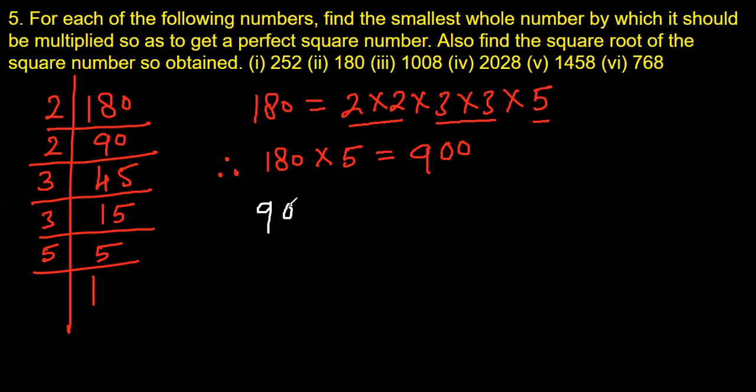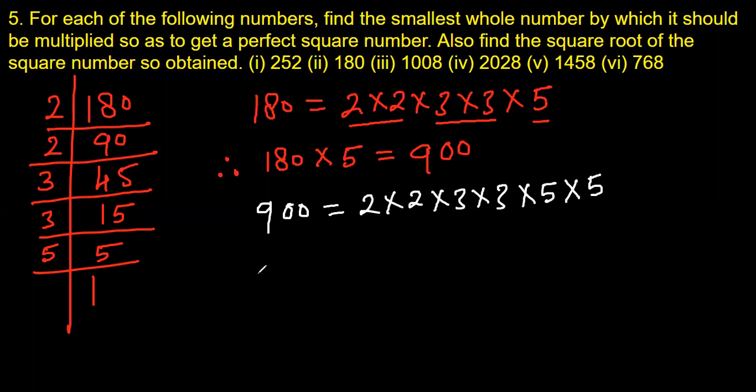So the factors of 900 are all the factors we wrote, and since we multiplied the number by 5, we add one more factor 5.